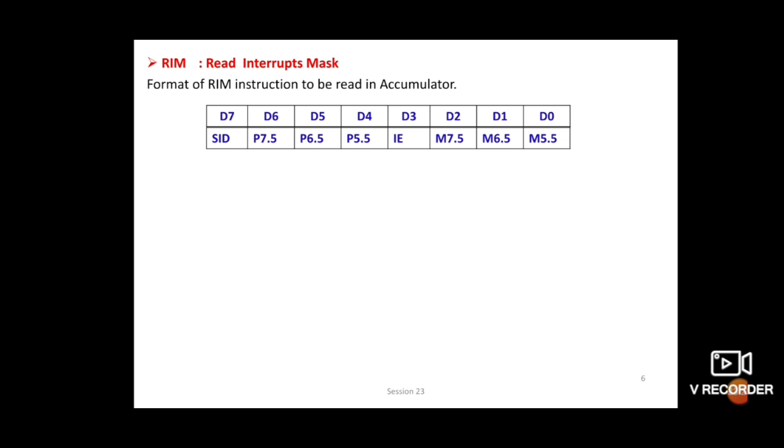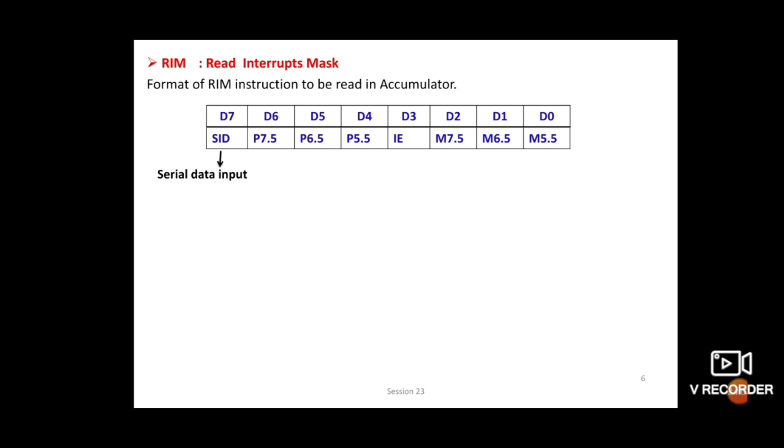Now, the first use of this RIM instruction is to receive data from the input device through the SID pin, then store that bit in the accumulator at D7 position. So, when the RIM instruction is used, first the data is stored in the accumulator at D7 position. SID means serial input data.